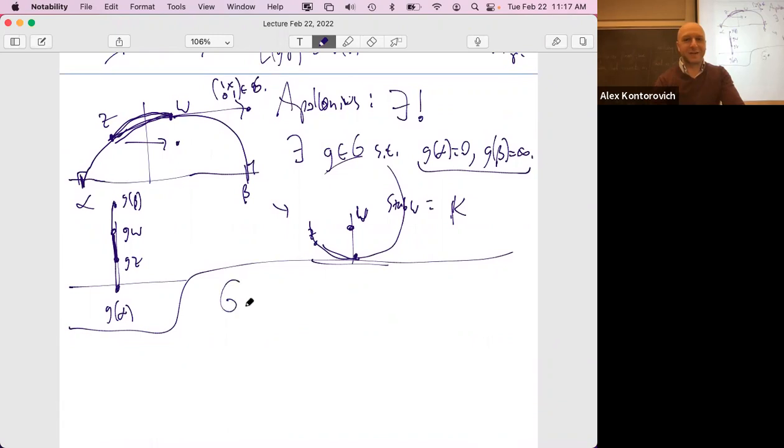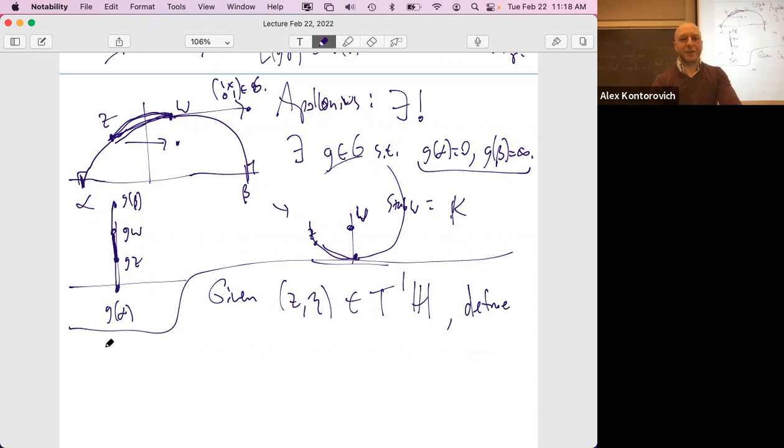In general, we can always define a geodesic flow. Let's say, given a point in the unit tangent bundle, driving at speed 1, we can define the geodesic flow.